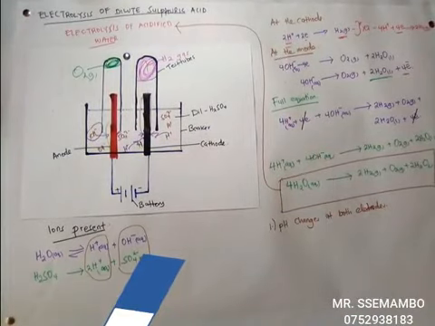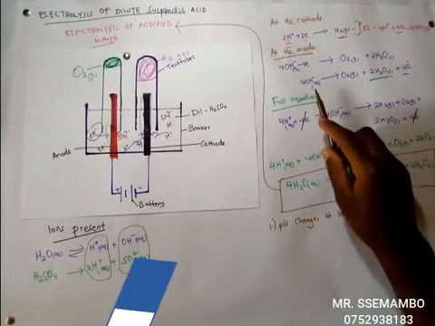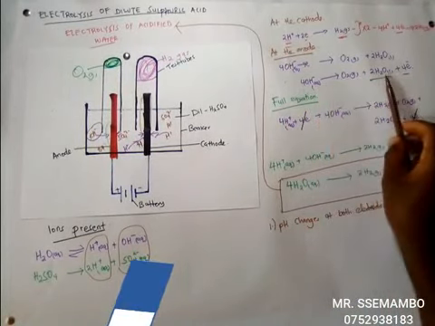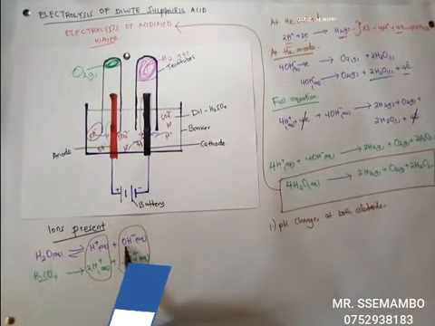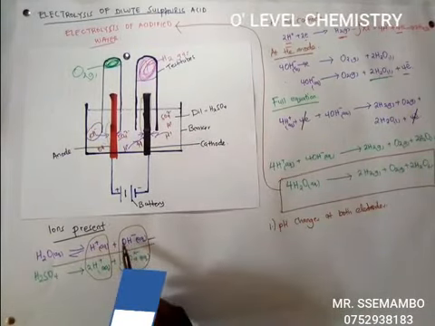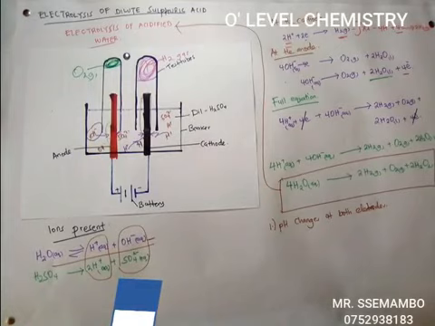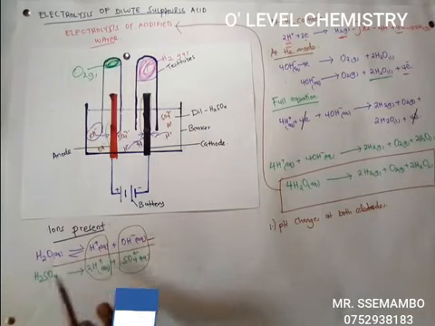Look at this second equation at the anode. The discharge of the hydroxyl ions disturbs the ionic equilibrium of water. Because we are discharging the hydroxyl ions, the ionic equilibrium of water is being disturbed, so more water ionizes to restore the equilibrium.